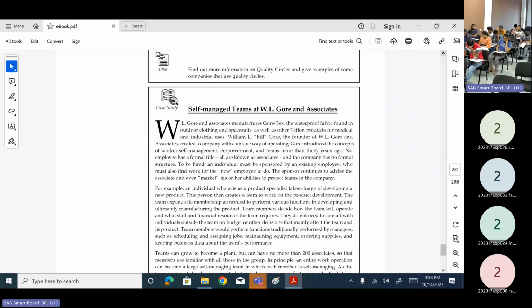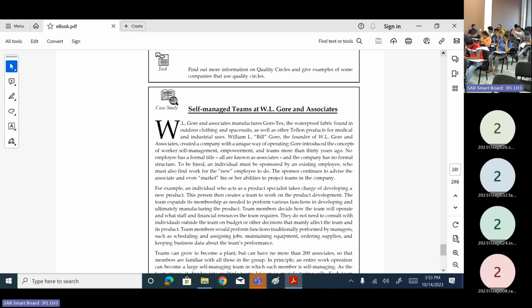William Bill Gore, the founder, created a company with a unique way of operating. He introduced the concepts of worker self-management, empowerment, and teams more than 30 years ago, what we noted in our lesson today. No employee has a formal title.